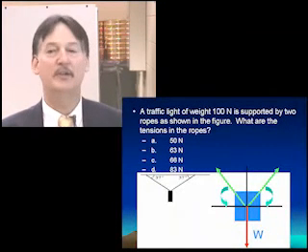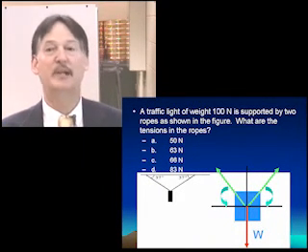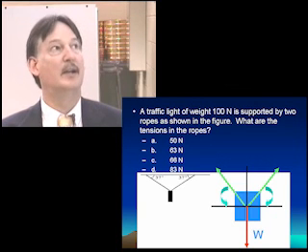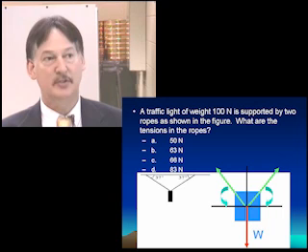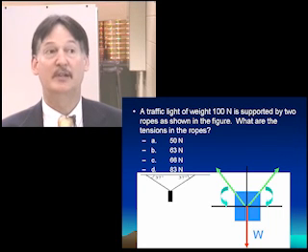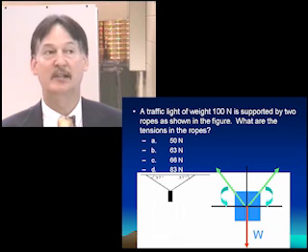Here we see a representation of a traffic light being supported by two wires. The wires are making 37-degree angles with the horizontal direction, and two wires, meaning that we really have two forces pulling off in the upward direction to the right and to the left.